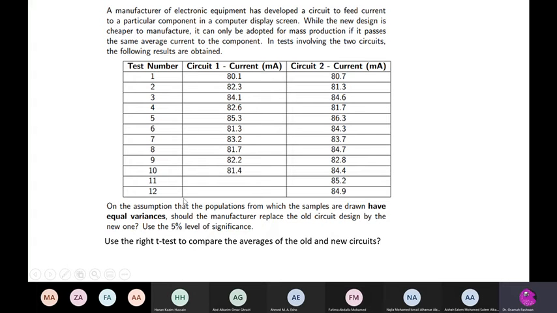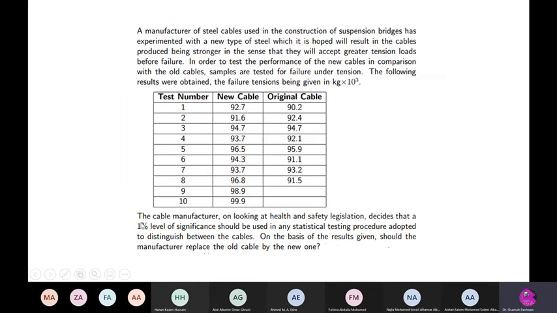This question, how to use t-test to compare the mean. He didn't tell you the standard deviation for the two populations are equal or not. So he's asking you, yes, he's telling you on the assumption that the populations from which samples are drawn have equal variances. Okay, so you can use the t-test for equal variances.